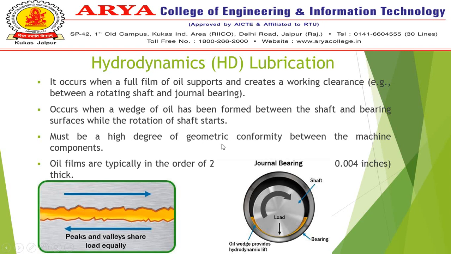Here we are not talking about a flat surface rolling over a round surface, or a round surface rolling over a flat surface. That is not the condition of hydrodynamic lubrication. Then next is the oil film. The film is typically of the order of 2 micron, or less than 2 micron.